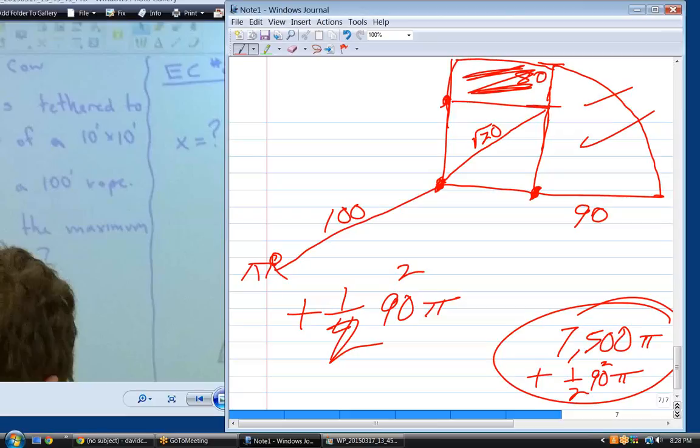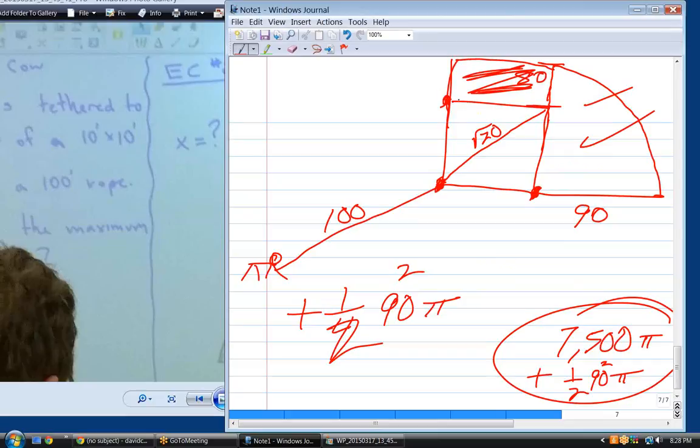I think. Let's see. This area right there is a quarter circle of radius 90. What area is left? Let's see.